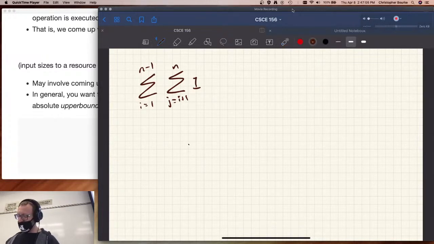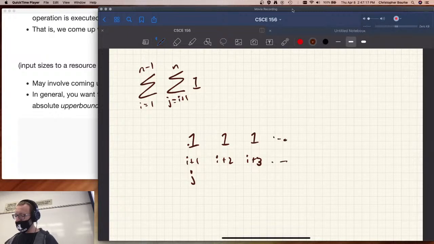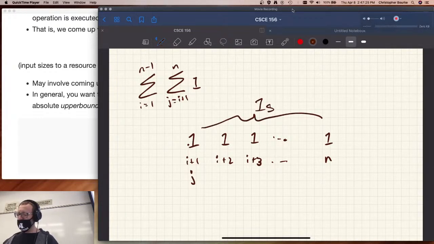Let me write out j running from i plus 1. There was one there. i plus 2, there was one there. i plus 3, one there. Dot, dot, dot, all the way up to n, and there was one there. So how many ones are there, in terms of i and n?